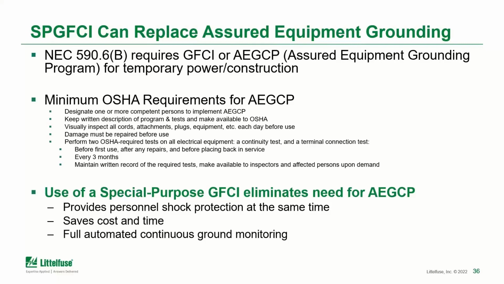It's an OSHA program that has connections to the NEC in 590.6, that for construction equipment, we need to do a physical inspection of the ground prior to use every day. And so this is a manual procedure trying to verify that the ground is healthy before you're utilizing the equipment.